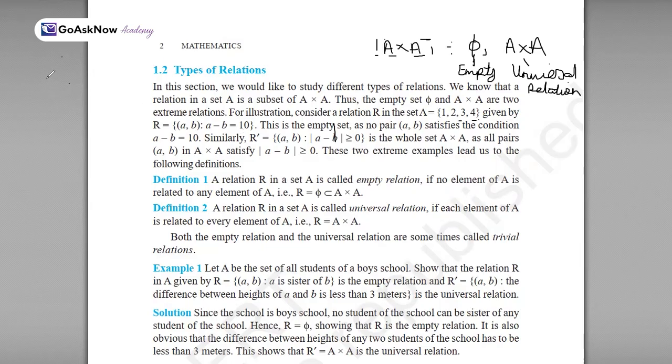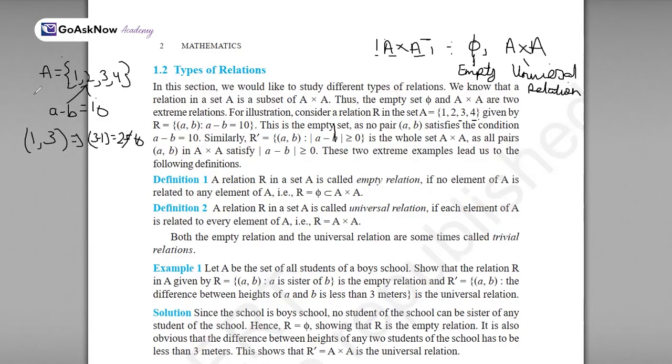Why? Because I have the set 1, 2, 3, 4, and I have to find (a, b) such that a minus b is equal to 10. Can you find any two elements in this set that have a difference equal to 10? Suppose you write 1, 3. The difference 3 minus 1 is equal to 2. Is it equal to 10? No, it is not. So I cannot find any pair of elements on A itself.